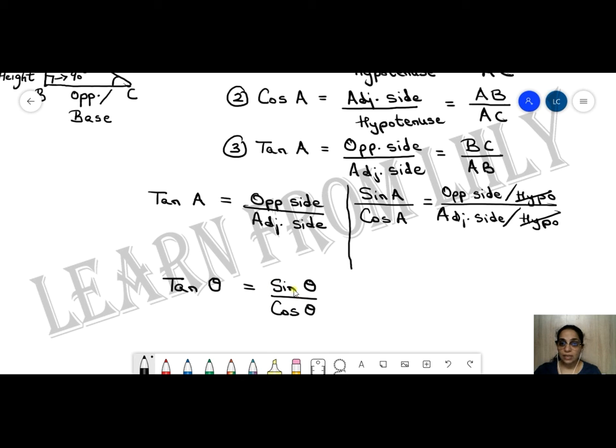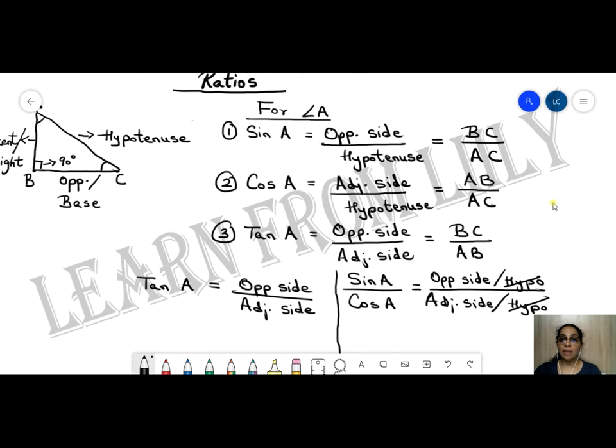So when I say sin theta upon cos theta, suppose in a sum you have been given sin theta and you have been given cos theta, that is the values, then you simply divide that and the answer will be equal to tan theta. Okay, so hope you have understood these basic ratios in trigonometry.